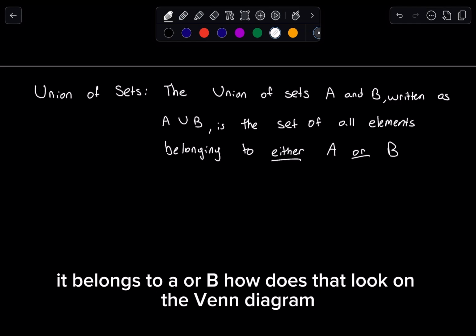It belongs to A or B. How does that look on the Venn diagram?